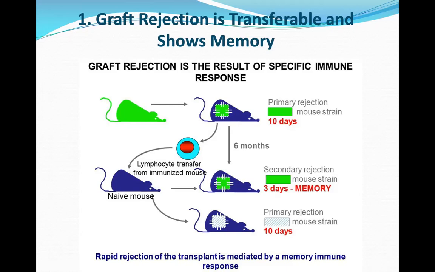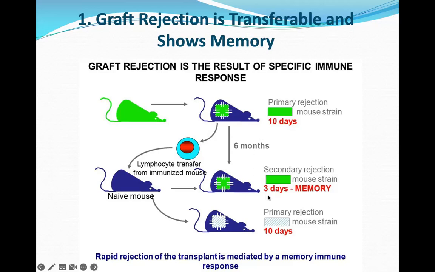Now, if you take blood from this blue mouse and inject it into another blue mouse, and then try the experiment again, where you graft some of this green skin onto the blue mouse, you find that rejection happens a lot quicker. Instead of 10 days, it gets rejected after 3 days.